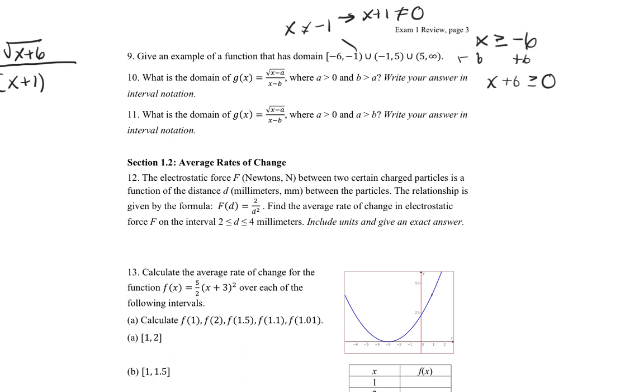And so then, if we keep looking at our domain, we pick back up and we see it can't equal 5 either. So we have x cannot equal 5. So then if we subtract 5 on both sides, we get x minus 5 cannot equal 0, which again models something that's in the denominator, right?